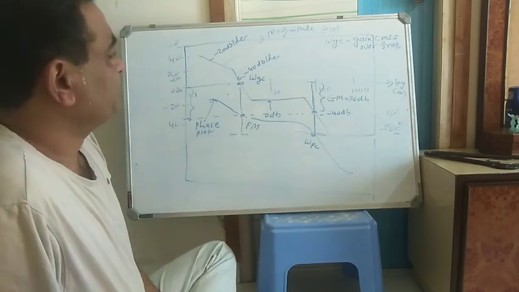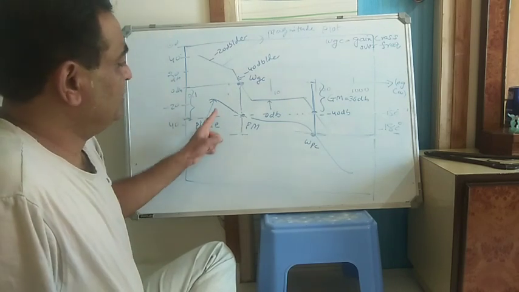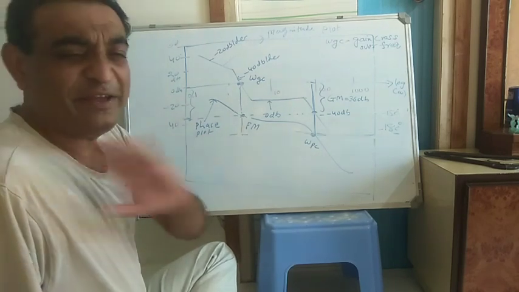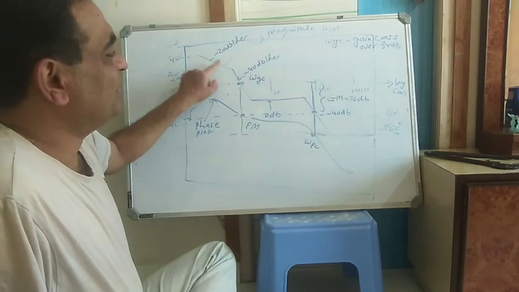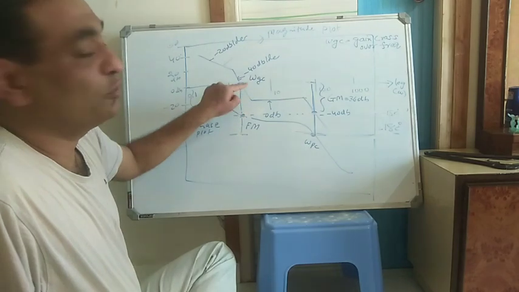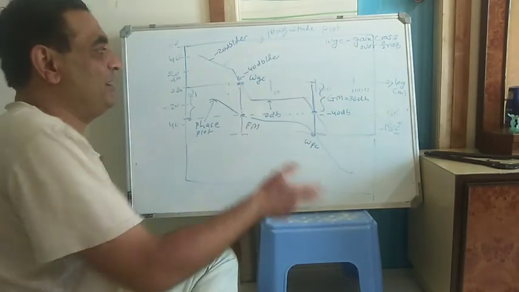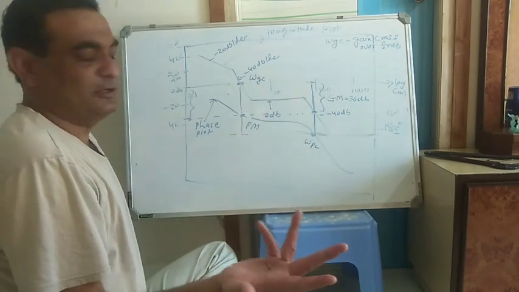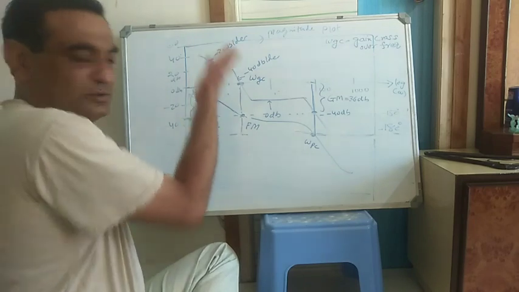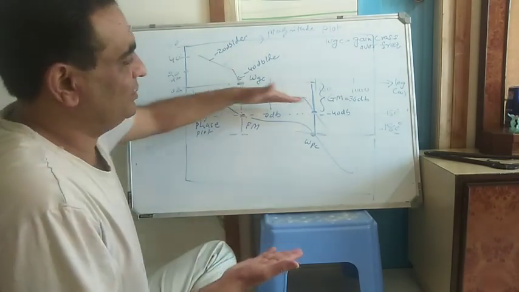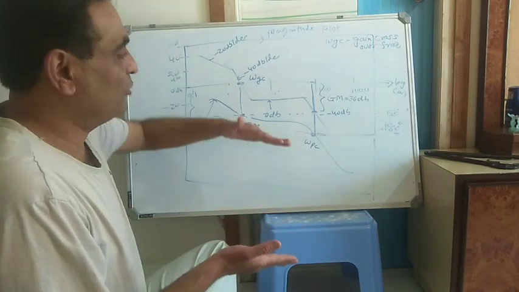Another point: the effect of steady state gain K. The phase plot doesn't have any effect from the steady state gain K, but the steady state gain K has an effect on the gain plot. If you increase the steady state gain K, the corner frequency will not change and the slope will not change, but the complete magnitude plot will move up or down.